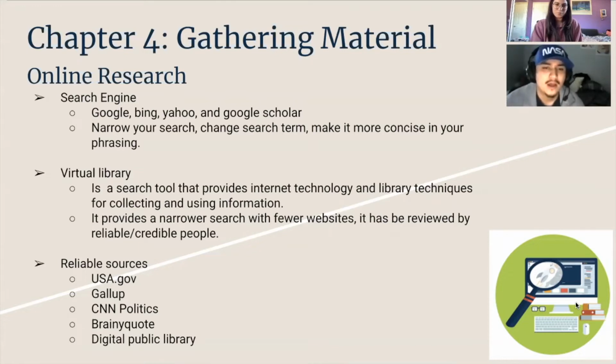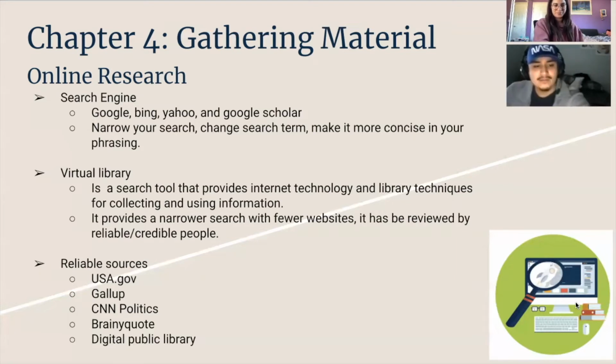A huge help when it comes to gathering material is what is called a virtual library, and it's a search tool that provides internet technology and library techniques for collecting and using information. The main difference when using a virtual library is that it provides a narrow search within fewer websites, and it has been reviewed by reliable and credible people, so you know that the information you're getting is more reliable.